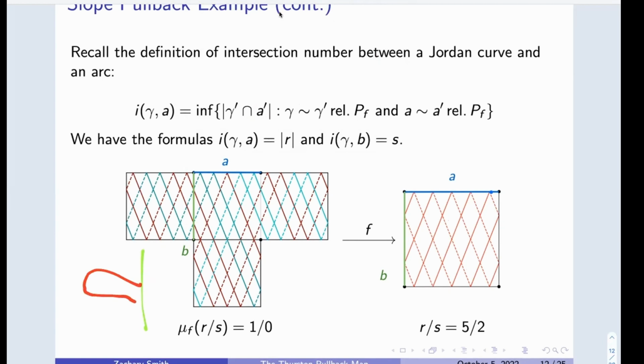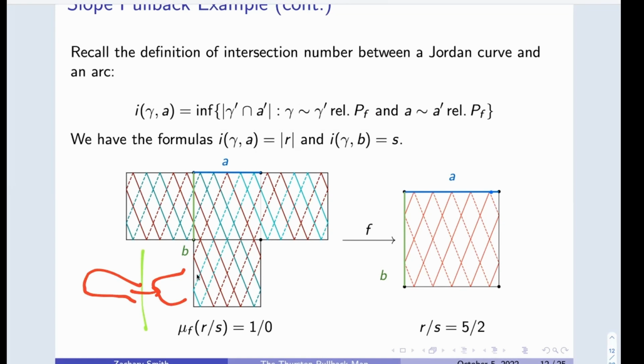Okay, so relative to my postcritical points, I can actually homotope that bigon to the other side of my green curve. Right, and since it's possible to do this homotopy relative to my postcritical set, the actual intersection number with my green arc B here is going to be 0.